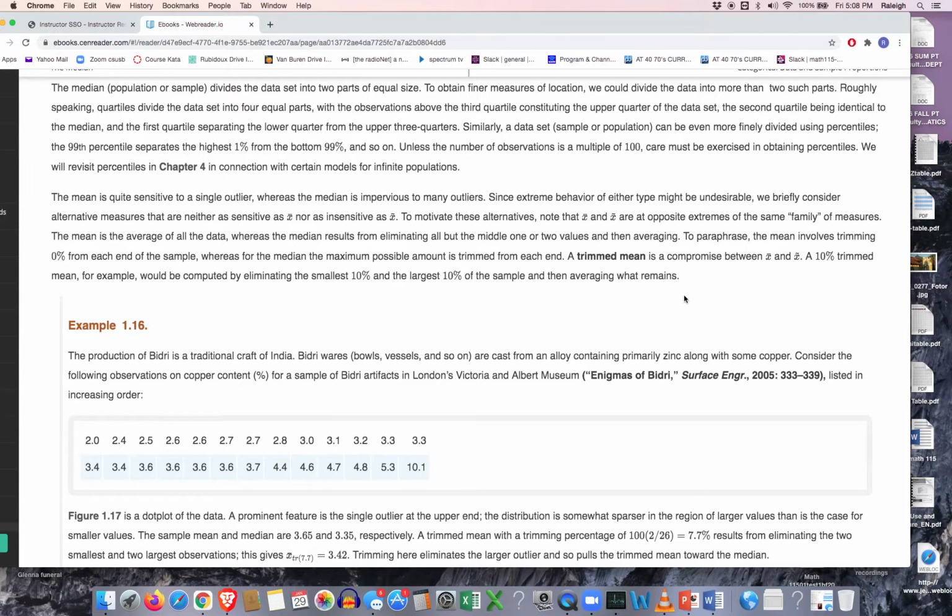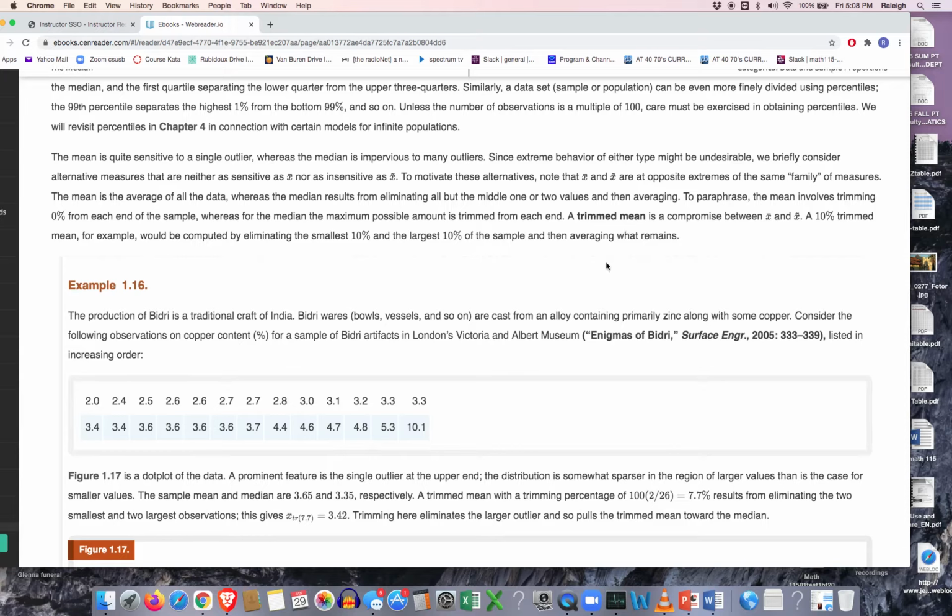And I should also add that the median is typically used when you have reason to believe that you do not have bell-shaped data. If you do have bell-shaped normal data, then the mean takes over, and it's still the most popular thing used. But the median is also nice to have, especially if you don't know anything about your data, and that's where the median could really come in.